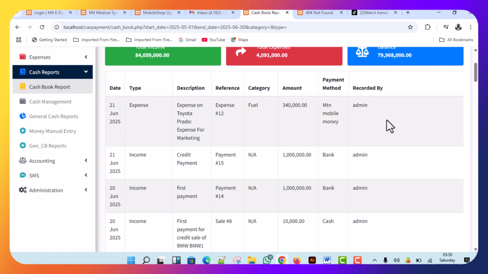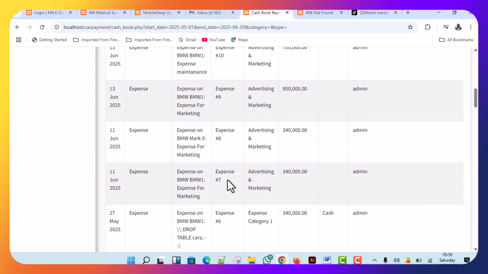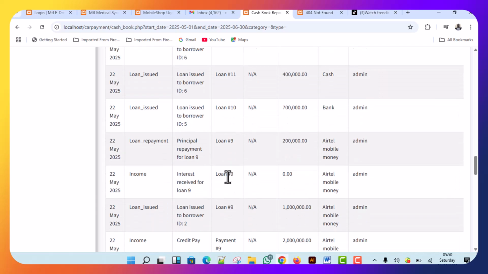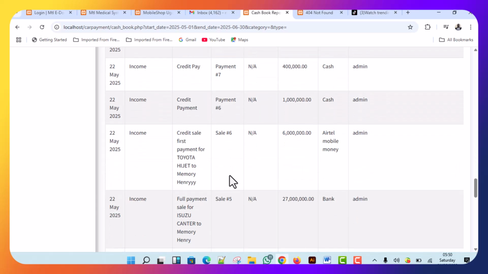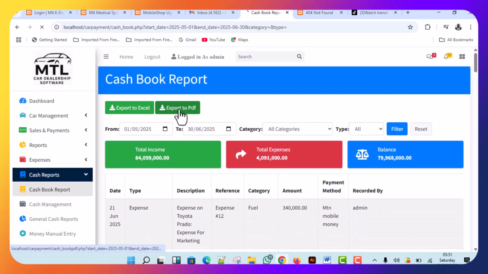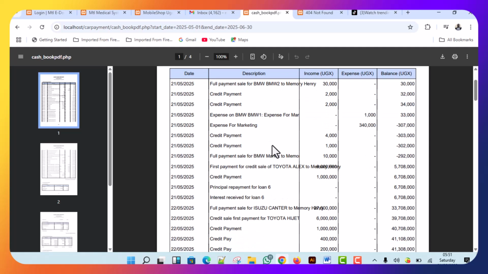If you make an expense, it is recorded. If you make an income or a sale, it is recorded as income. You see the mode of payment and so on. All these are the transactions you make, either daily or in a month, and you can export to PDF and look at how the car is performing.